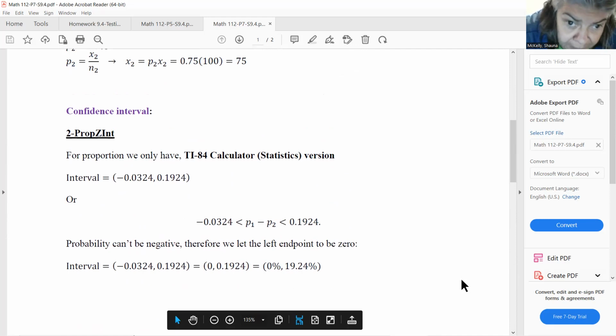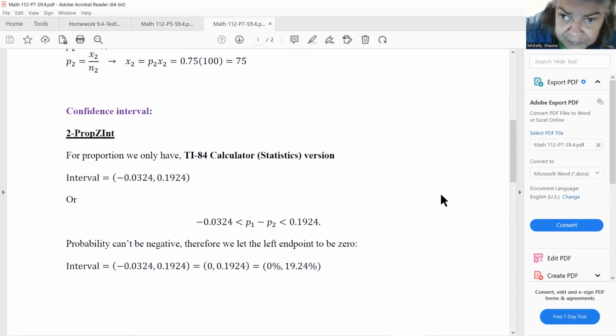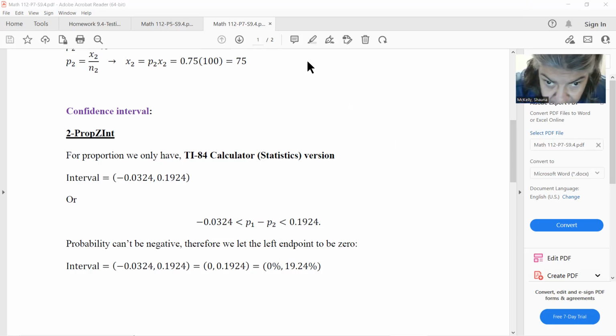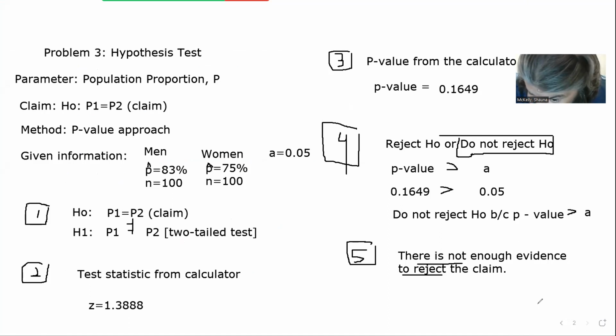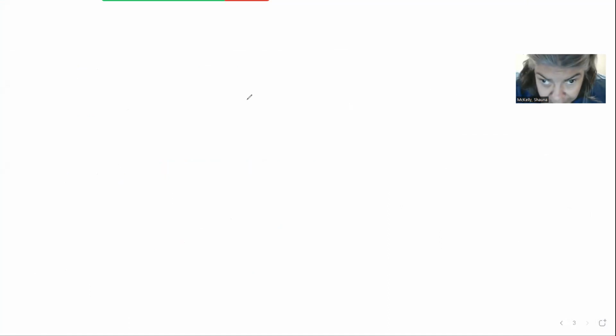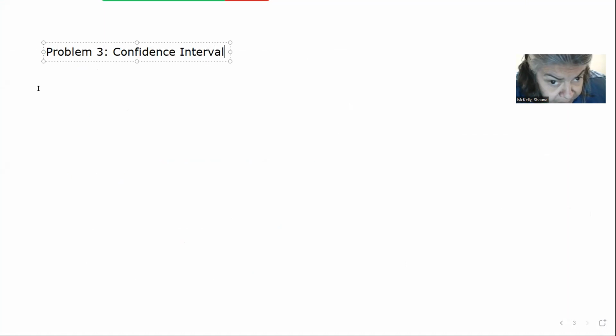All you're going to do here is we're going to go, and she wants the confidence interval. So we're going to start a new whiteboard over here. When you're doing a confidence interval, this is problem 3 still, but this is the confidence interval associated with problem 3, okay?